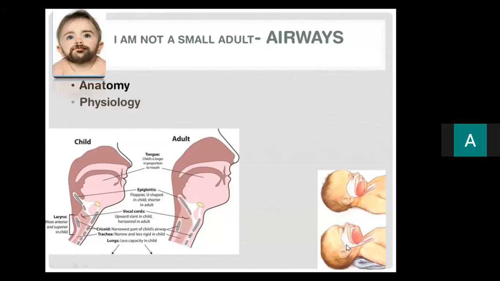Then the other thing is that their airway is narrow. On the Hagen-Poiseuille equation, when you decrease their radius by just one value, you're going to increase their resistance by almost 16 times, okay?